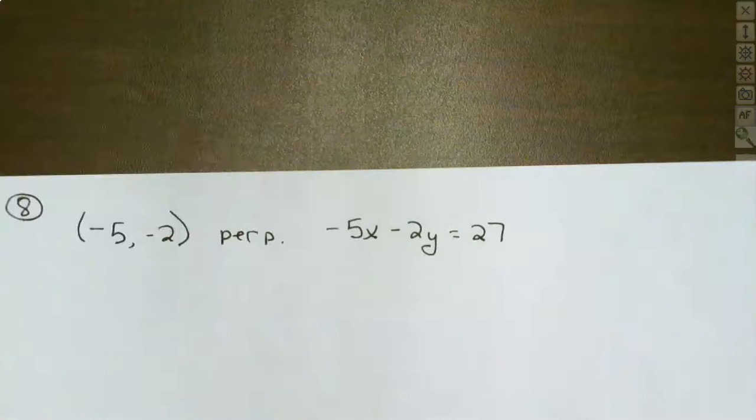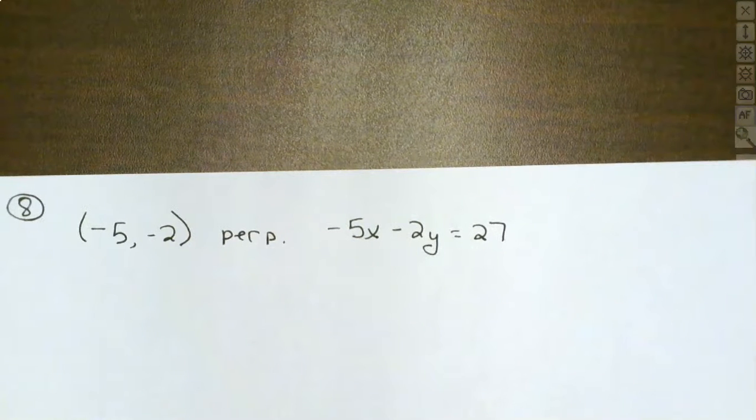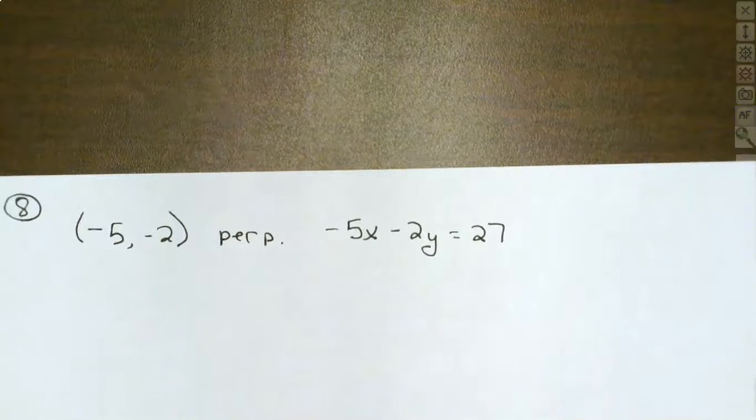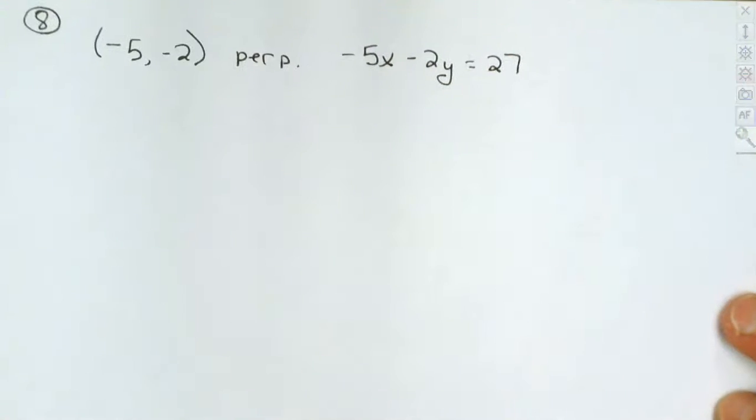Now, what's going to be the difference? The difference is it's perpendicular. So when we find our slope, what do we have to do? Flip it over, change the sign, right? Then proceed to use the point slope formula. So follow that step-by-step flow chart that we have here.